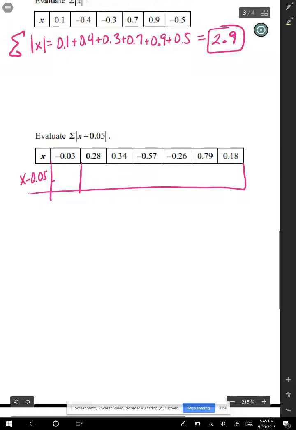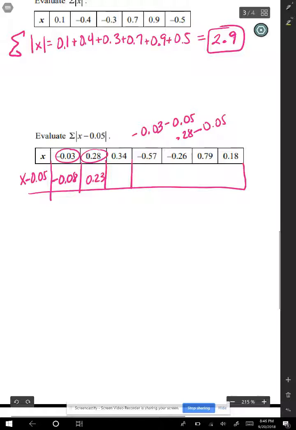So what I'm doing, and again, you can use your calculator to do this, you're taking the first x value, negative 0.03, and you're subtracting 0.05. So that would be negative 0.08, and then you're going to do 0.28 minus the 0.05. So 0.28 minus the 0.05 would be 0.23.